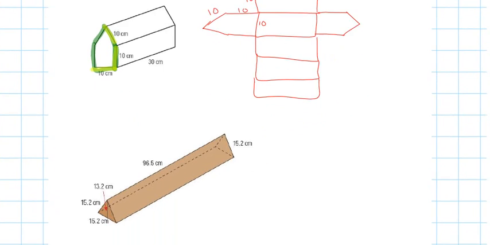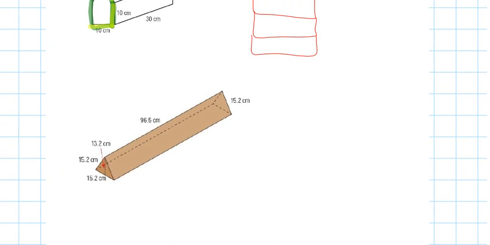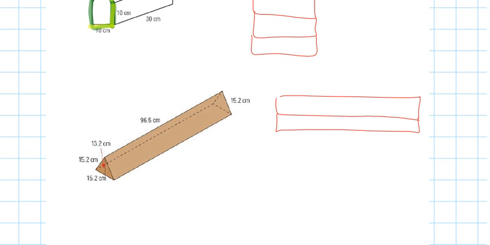How about this one? What do you draw? Okay, so it's similar to this. All right. So the rectangles are going to be 96.5 by 15.2. And then I'm going to draw the two triangles.